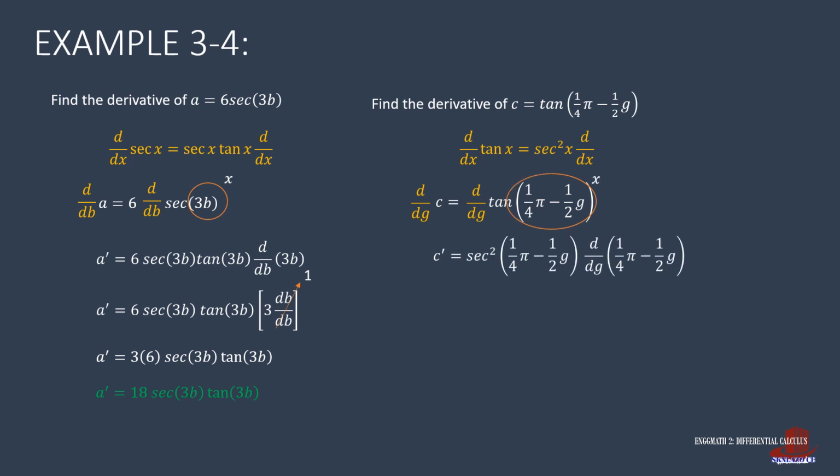The derivative of c is then taken as secant squared of the quantity times the derivative of that quantity, where the derivative of 1/4 of pi is 0, as it is taken as a constant. So the shortened equation is then secant squared of the quantity times half of dg all over dg, which is 1. So the final c prime is half of secant squared of the quantity pi all over 4 minus half of g.